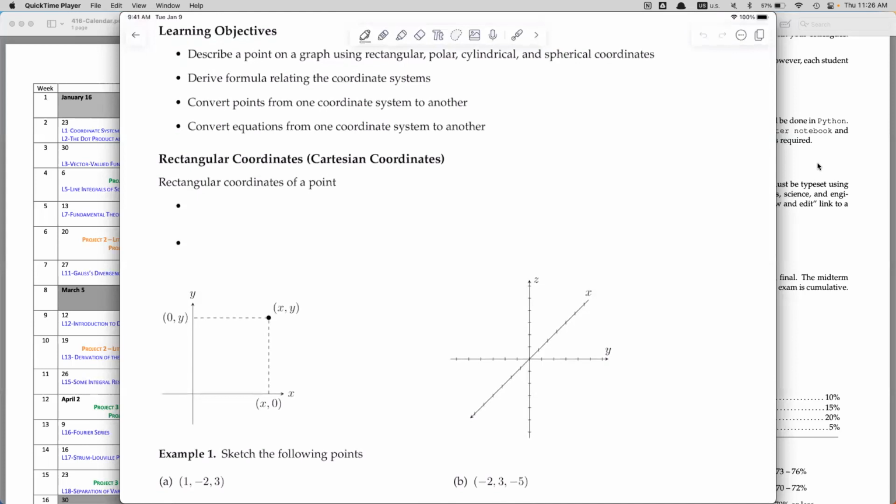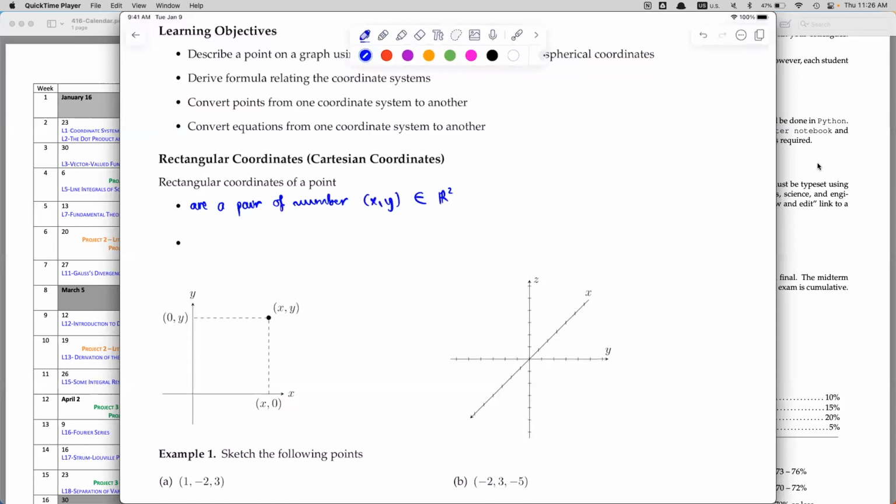So rectangular coordinates of a point are a pair of numbers written as x comma y in R2. Right.